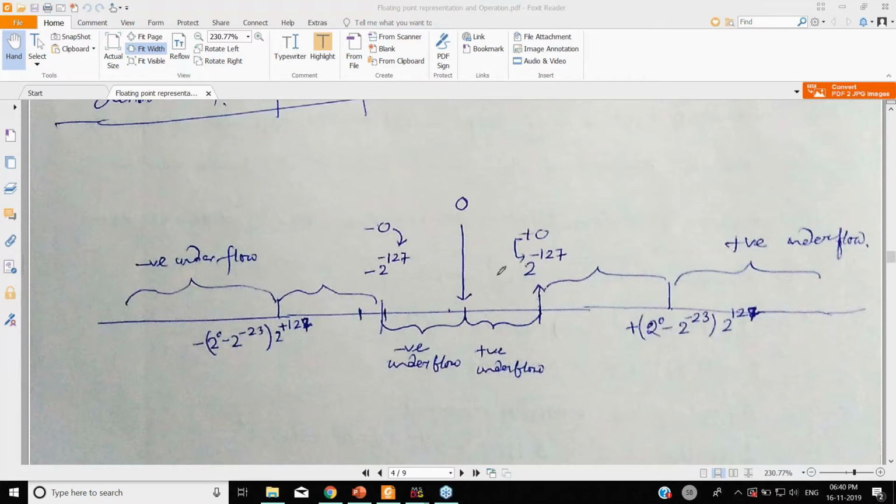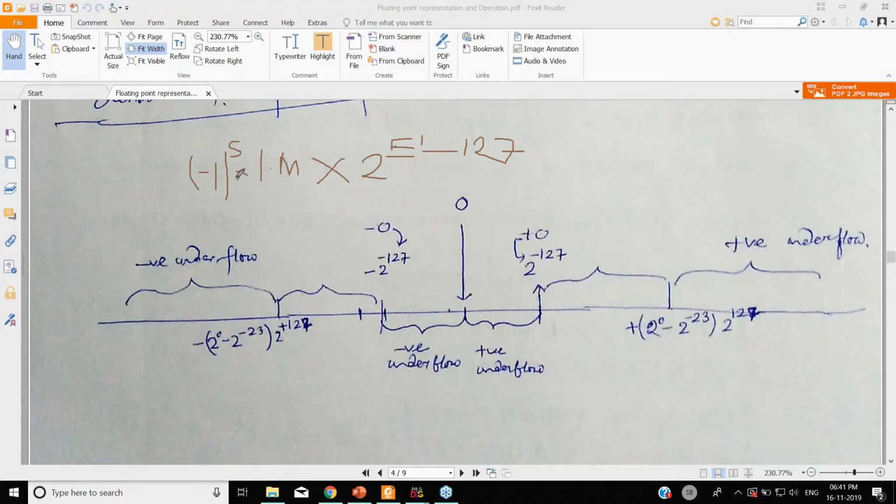Otherwise, using the implicit format, you can't interpret 0. Why is that? Because the format says 1 point mantissa times 2 to the power exponent minus bias, that is 127, and minus 1 to the power s.